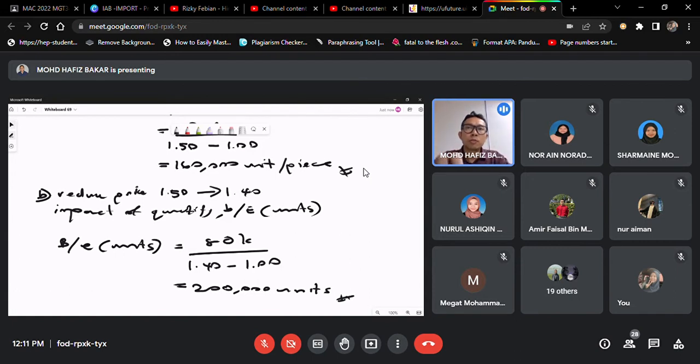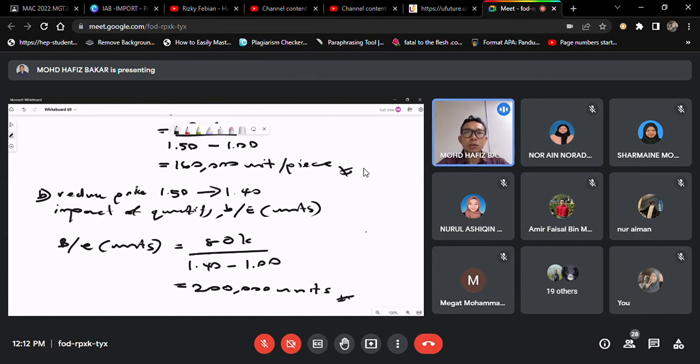Okay, so from here we can make an assumption lah. Let's say any business has a discount, a reduction of the price of their goods. So they need to ensure that they sell more quantity. They need to increase the quantity of sales, because they want to cover the reduction of the price.